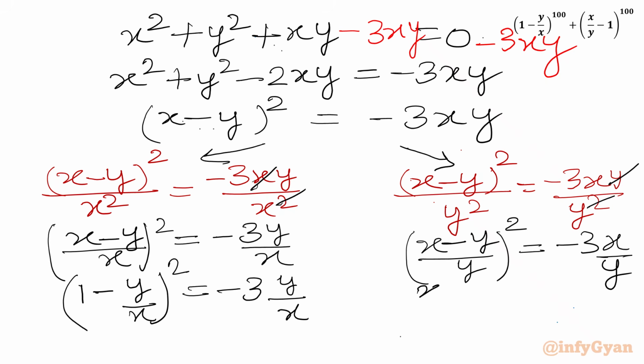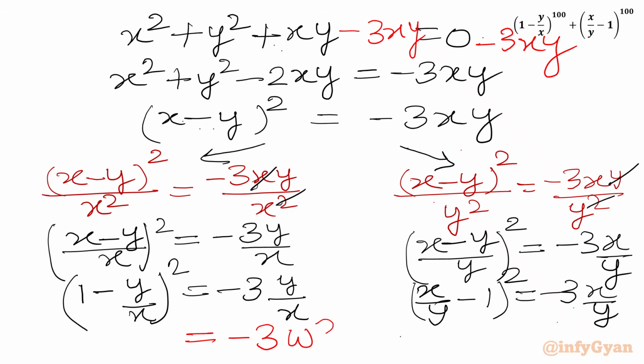And here (x over y minus 1) whole square will be equal to minus 3x over y. Now our condition was x over y is omega, y over x is omega square. So this would be minus 3 omega square and this would be minus 3 omega.